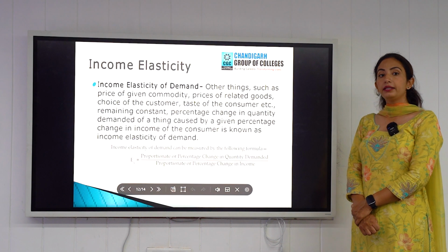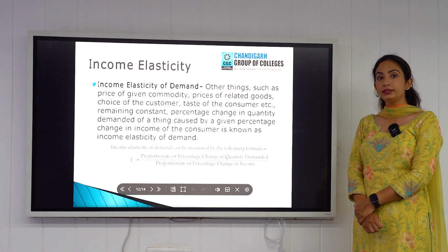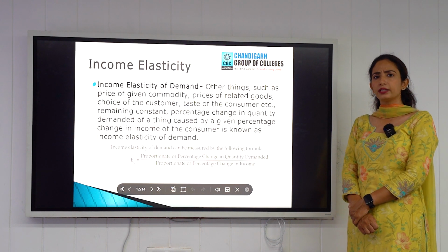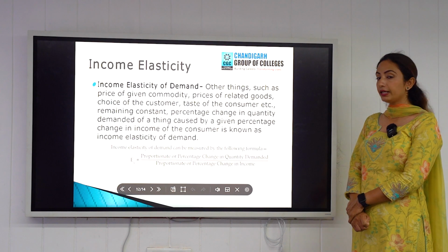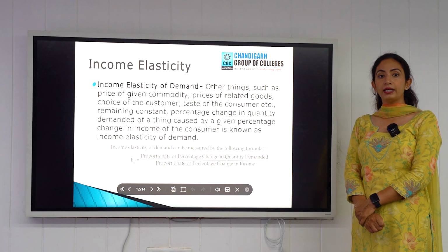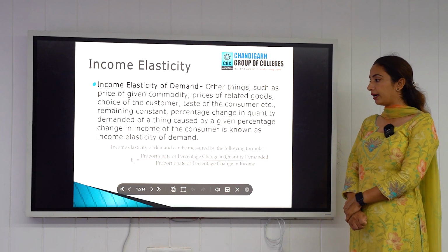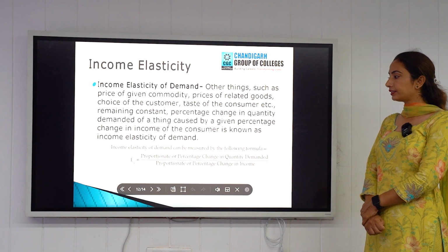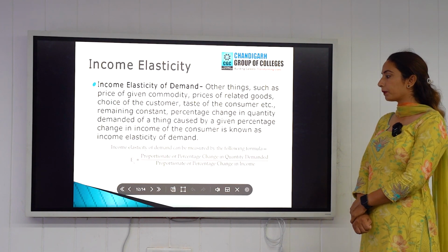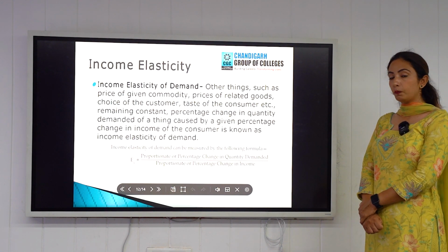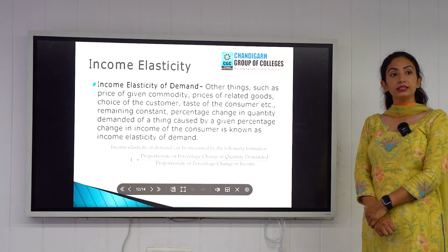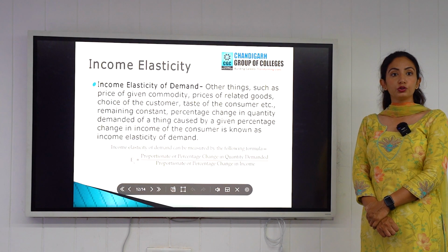So here the quantity demanded varies not because of the price or any other factor, but because of the income of the consumer. Here is the formula with the help of which you can calculate it: elasticity of demand is equal to the proportionate or percentage change in quantity demanded due to the proportionate or percentage change in income of the consumer.